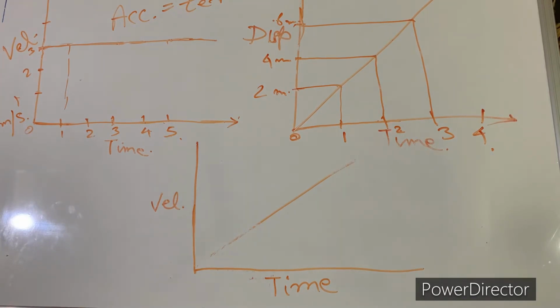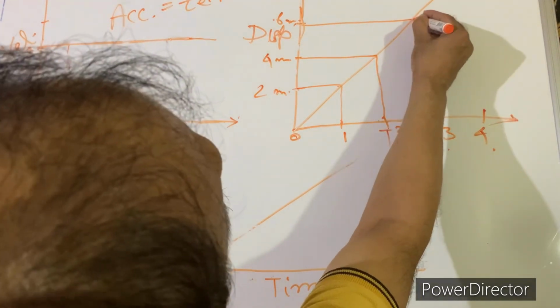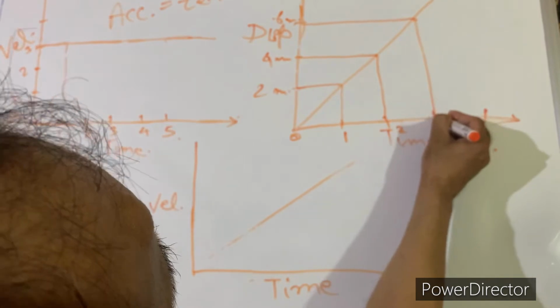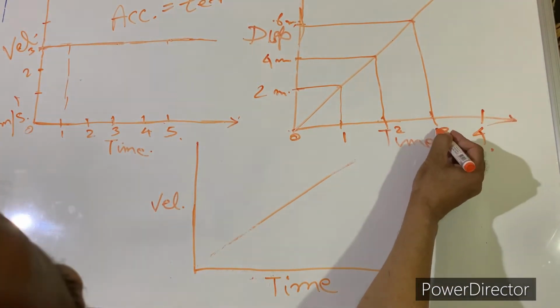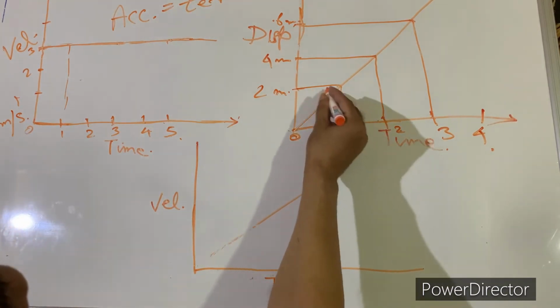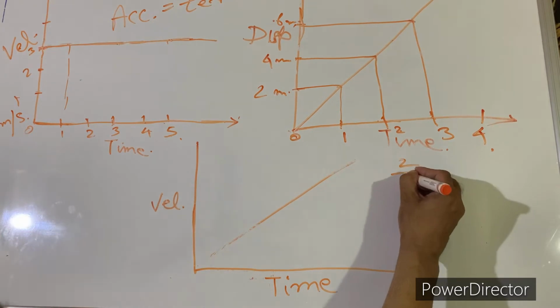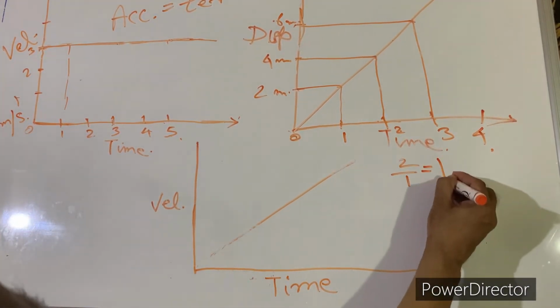So we know displacement by time is the slope of the graph, isn't it? Displacement by time means y by x, the y-axis by the x-axis. So what was it here? Here the displacement by time was 2 by 1, which is the definition of velocity, isn't it?